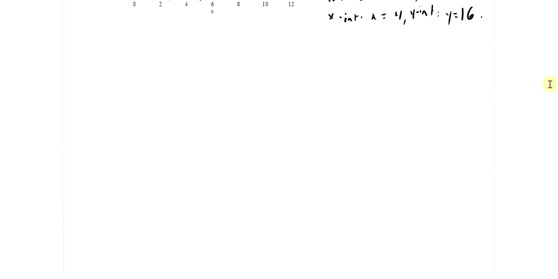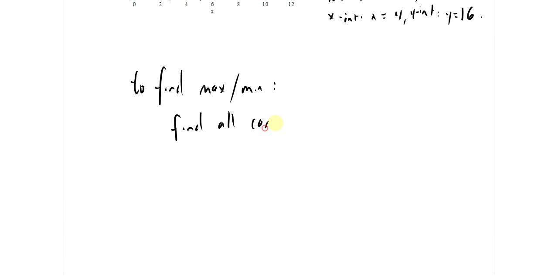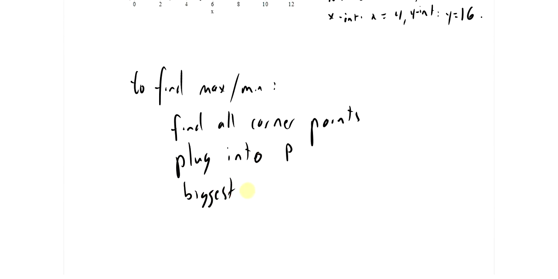So to find the maximum and minimum, find all corner points, plug into P. The biggest number you get out is the maximum. Smallest is the minimum.